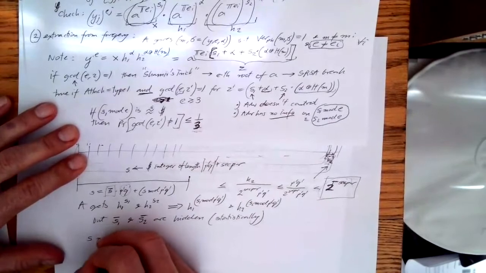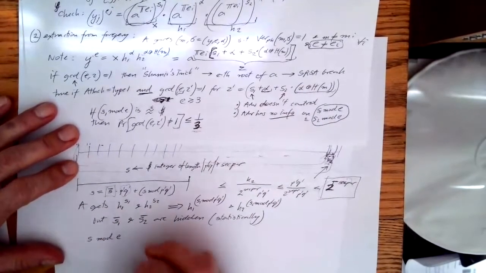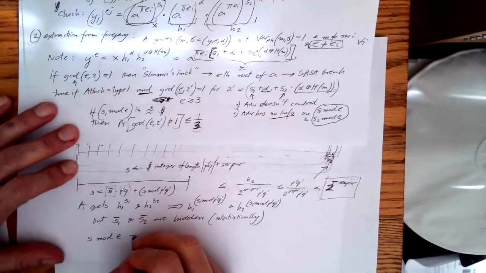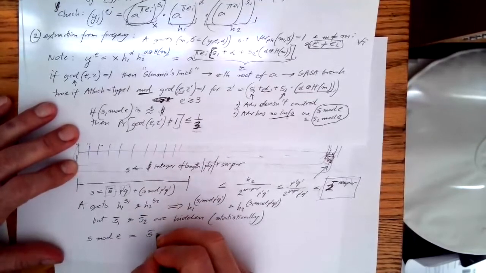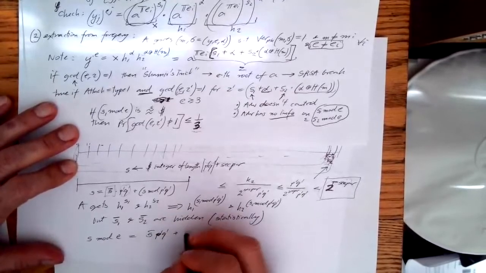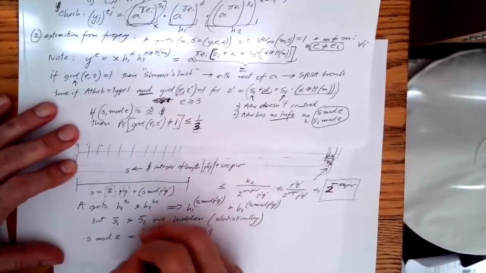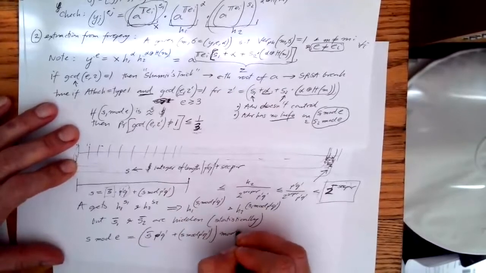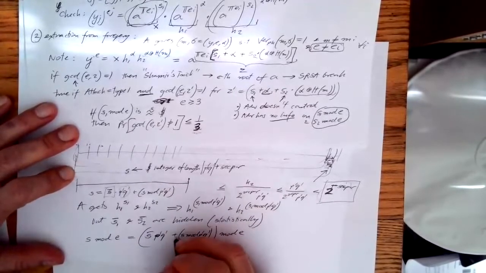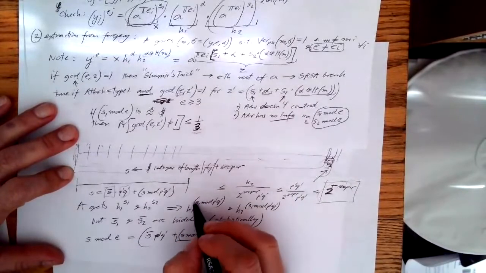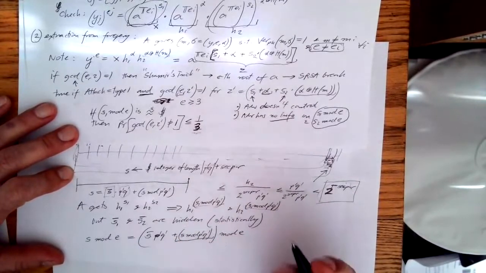So S mod E is S hat p prime q prime plus S mod p prime q prime, mod E. Now, this is information that is revealed to the adversary because of the powers.